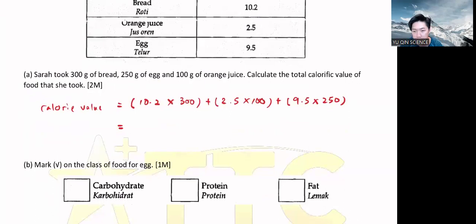Okay, press your calculator. Can anyone or maybe some of you type in just to check if everyone is okay? 5685.